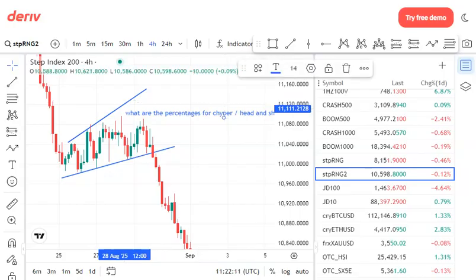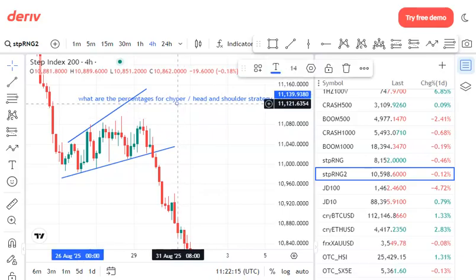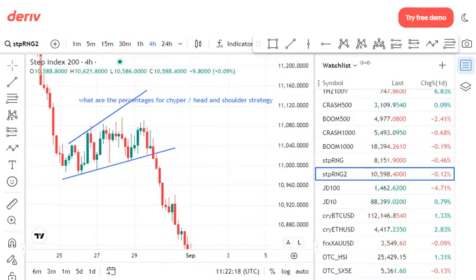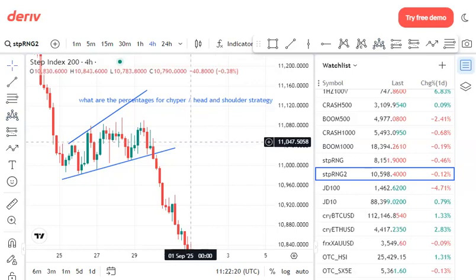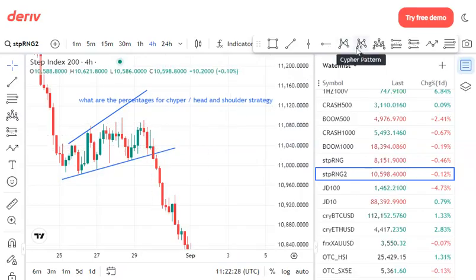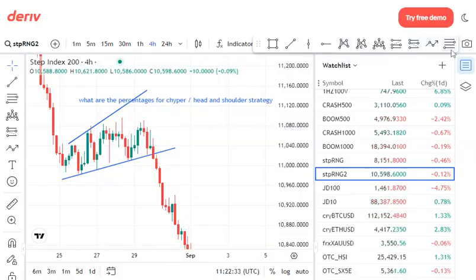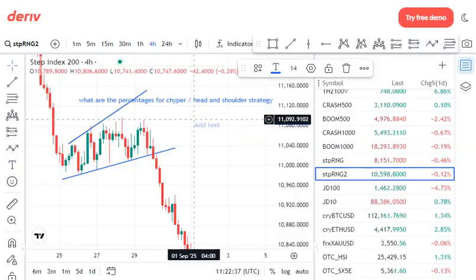Now, if we were looking for the percentages, well, I'll tell you, starting from the fact that head and shoulder represents trend change, cipher strategy gives percentage. The percentage is X to A equals, it's a mathematical formula here, X to A equals 0.86.